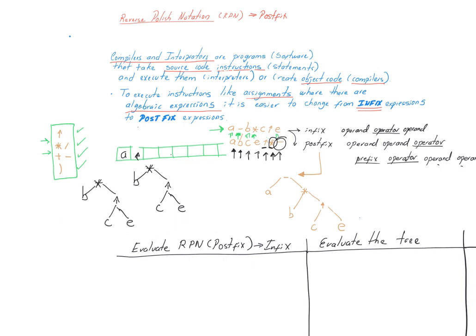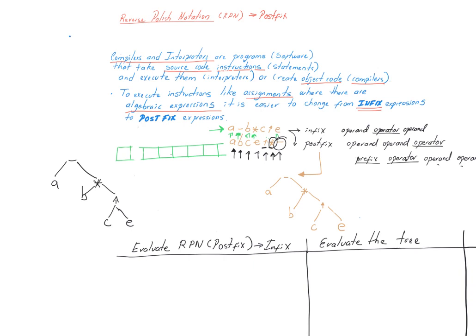Yeah, let's do this. And what I have now is my minus here and my A here, right? And now I pop the A, so the stack is empty, so that means that I have finished everything. So that's the way you construct it.